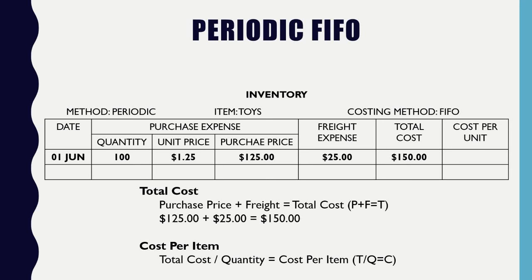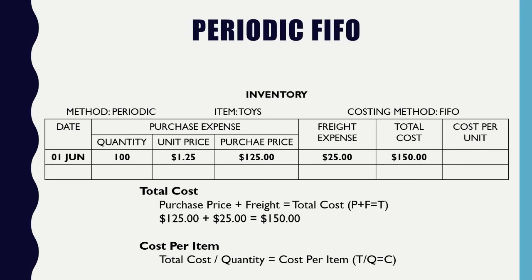So you can have just purchase expense, freight expense, and accounts payable, solve for whatever it is in your inventory worksheet, and then copy the information into your journal. All right?